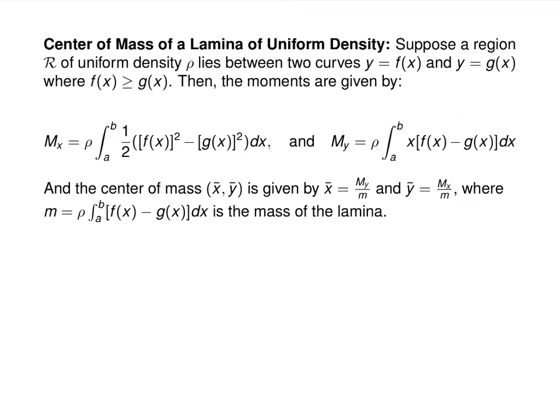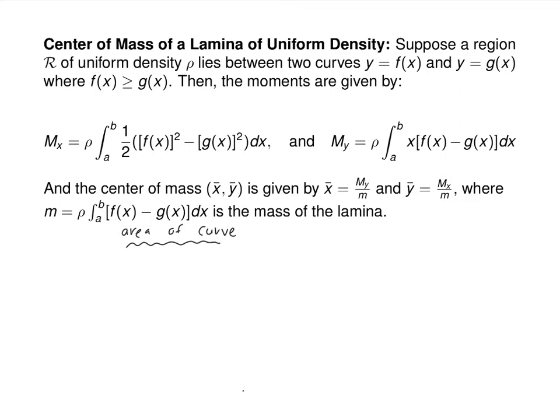Then these are the equations for the moments, and the centers of mass are given by dividing the moments by the total mass, and the total mass is rho times the integral from a to b of f of x minus g of x. Notice that f of x minus g of x is actually the area of the curve, and in the positive sense, because we assumed f of x is bigger than g of x. So that's like area, real area, not signed area.